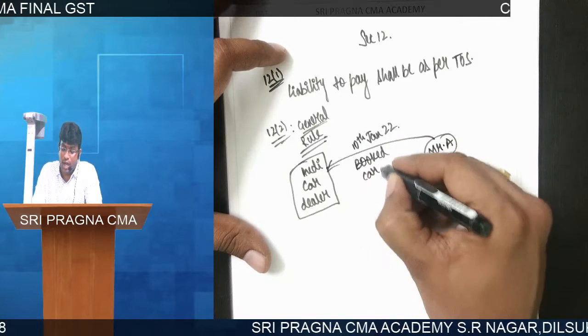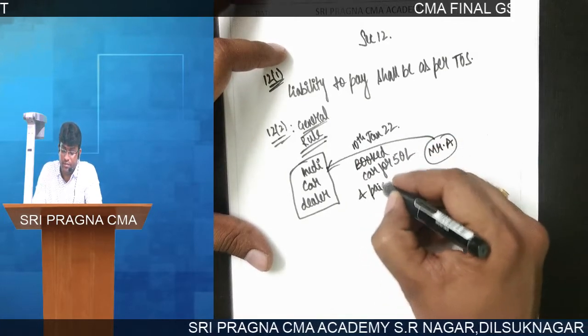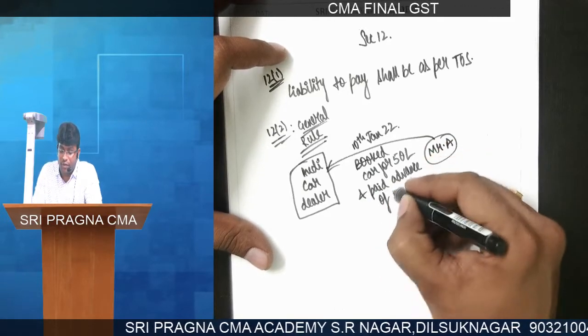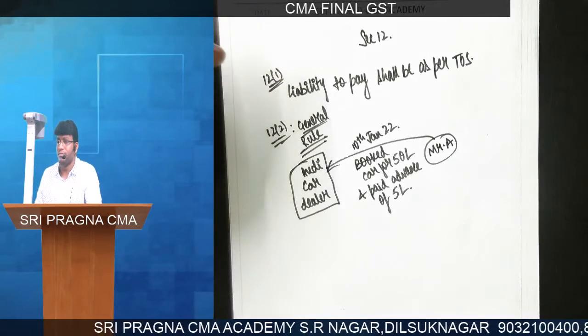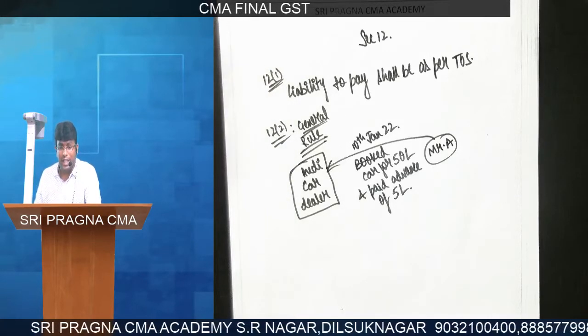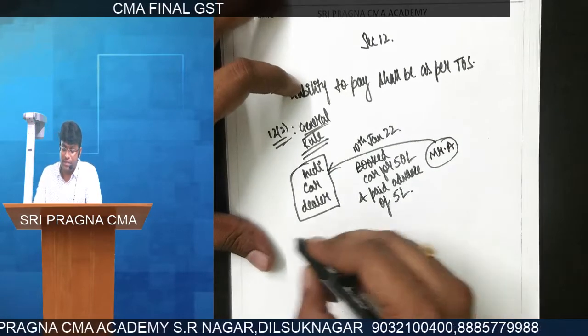Booked car for 50 lakhs and paid advance of 5 lakhs. What he has done, my dear friends? He booked a car on 10 Jan 22 and he also paid advance of 5 lakhs.